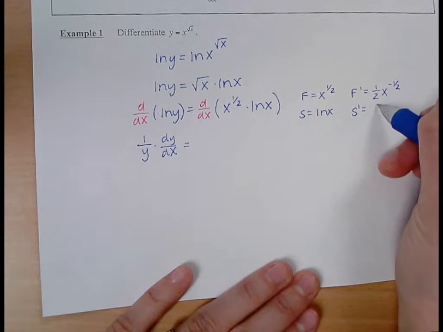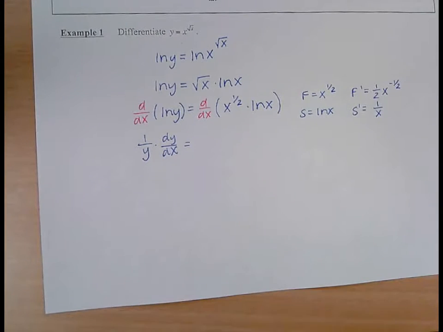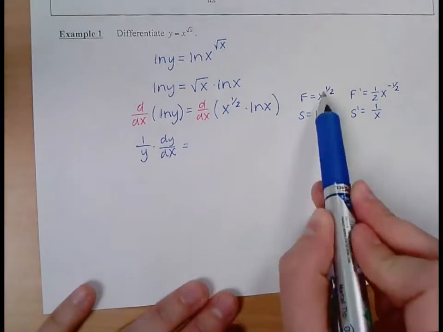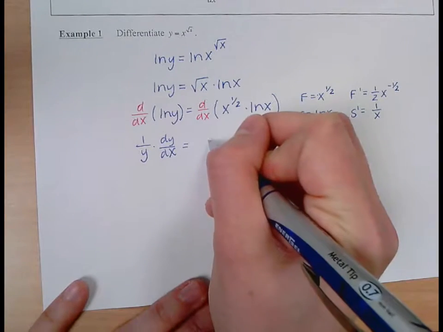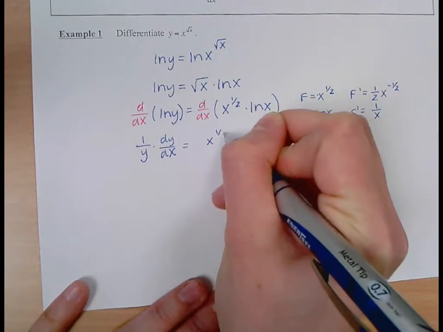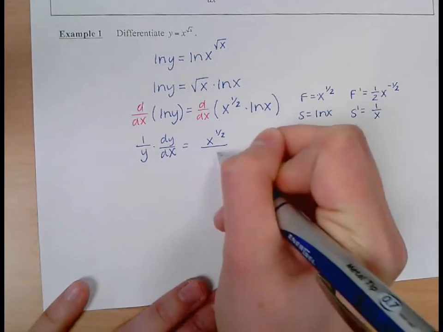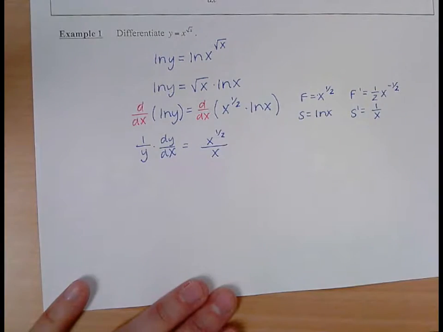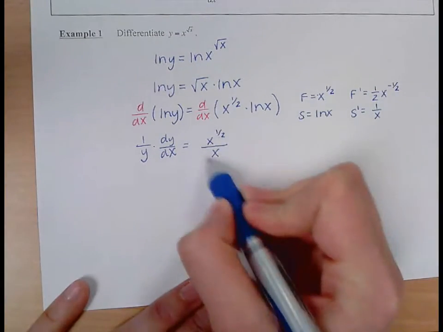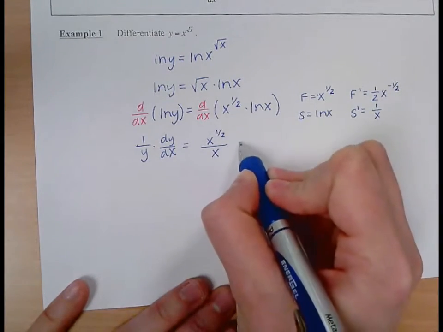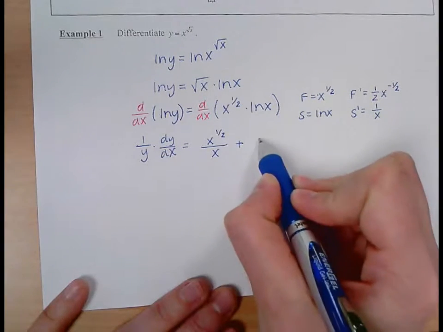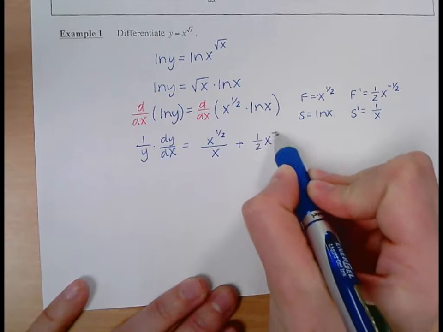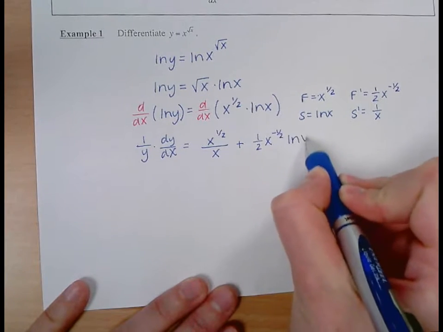Derivative of natural log of x is 1 over x. So then first times second prime is going to be x to the 1/2 over x, or x to the 1/2 times 1 over x, and that I could simplify. And then plus second times first prime, 1/2 x to the negative 1/2 times natural log of x.